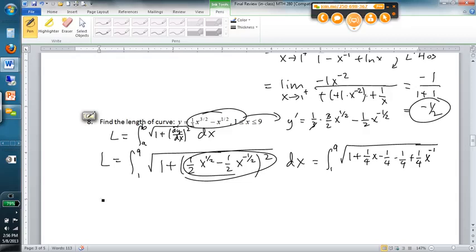Altogether we're going to get the integral from 1 to 9 of 1/4 x. The 1, the minus 1/4, and the minus 1/4 give me a positive 1/2, plus 1/4 x to the minus 1.